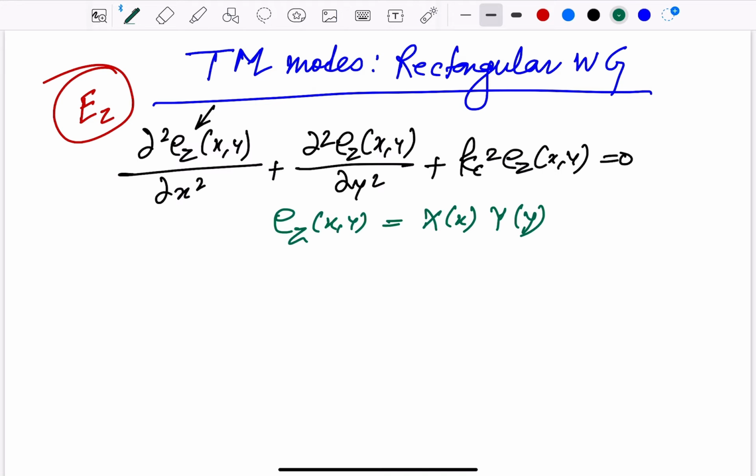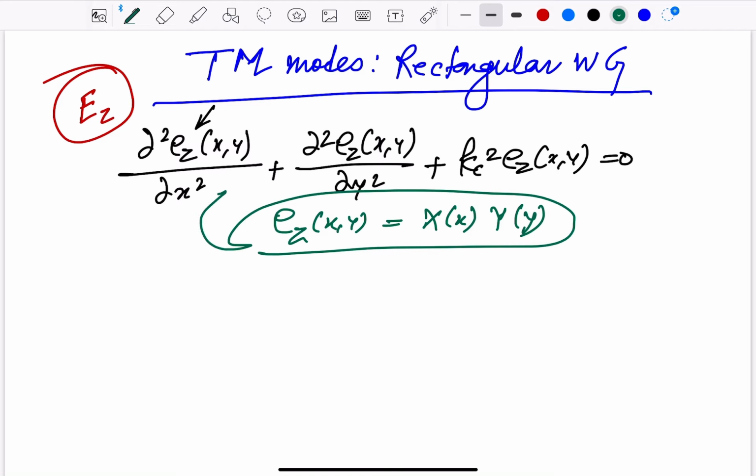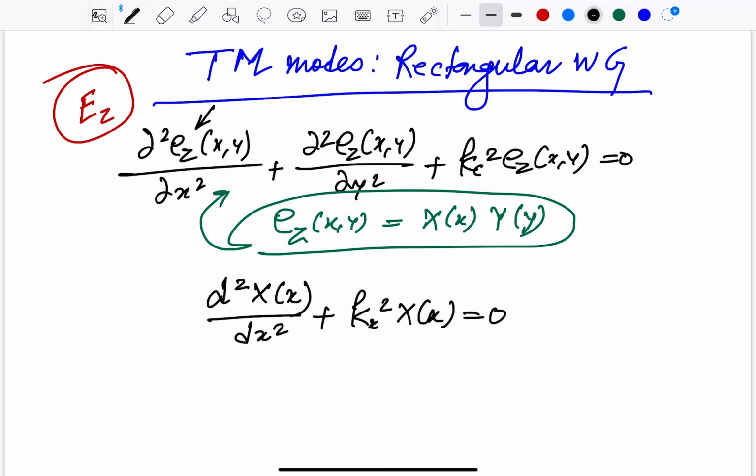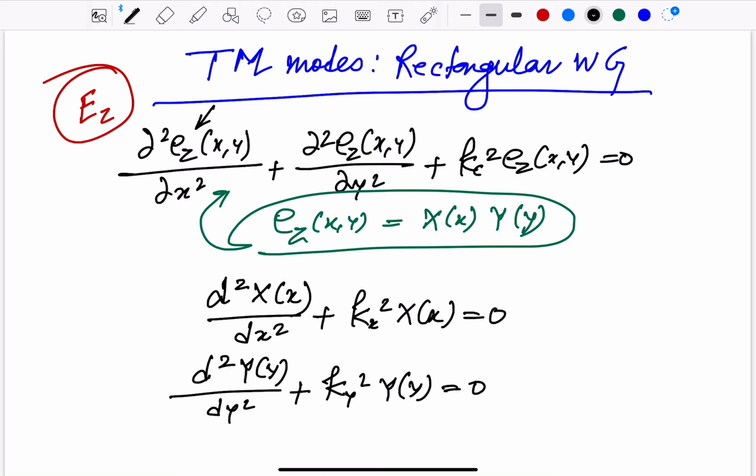Now if we use this in the above equation, you can write two different equations like this: d square X over dx square plus kx square X is equal to 0, d square Y over dy square plus ky square Y is equal to 0, and of course kc square is kx square plus ky square.